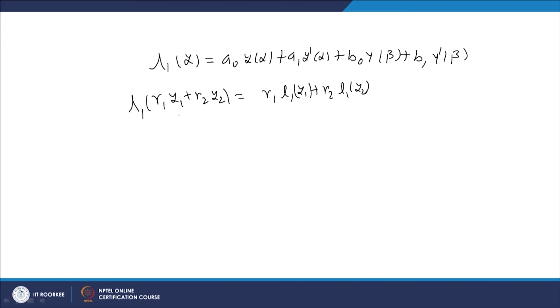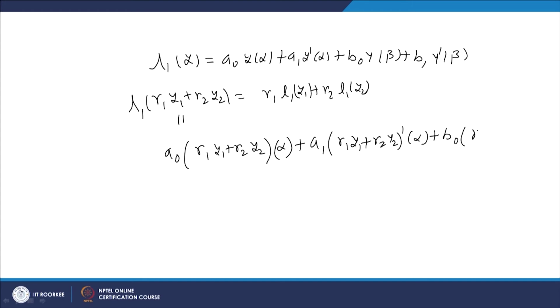Let me write it here. This is a naught times R1 y1 plus R2 y2 defined at alpha, plus a1 times R1 y1 plus R2 y2 dash at alpha, plus b naught times R1 y1 plus R2 y2 defined at beta, plus b1 times R1 y1 plus R2 y2 dash at beta. Now, if you simplify it, R1 y1 plus R2 y2 at alpha is R1 y1 alpha plus R2 y2 alpha.